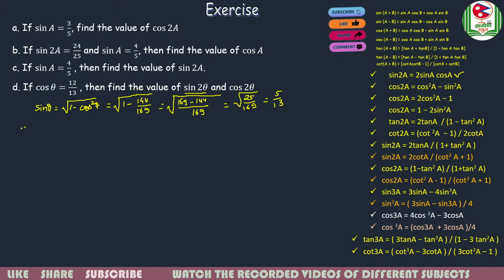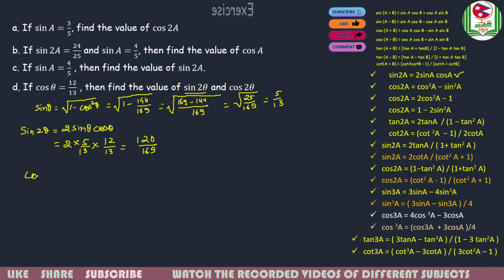So sin 2 theta equals 2 sin theta into cos theta, and it's going to be 2 into sin theta, which is 5 by 13, and cos theta is 12 by 13. So here it is 120 upon 169. So this is sin 2 theta.